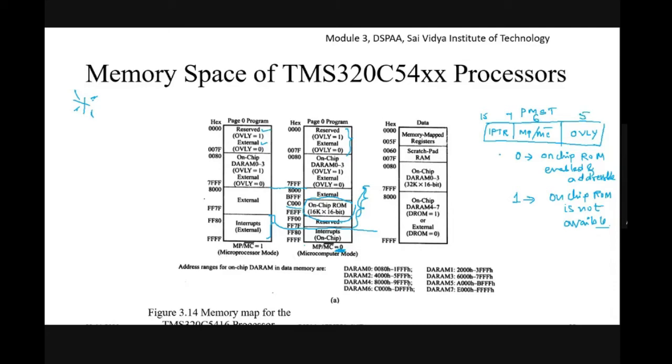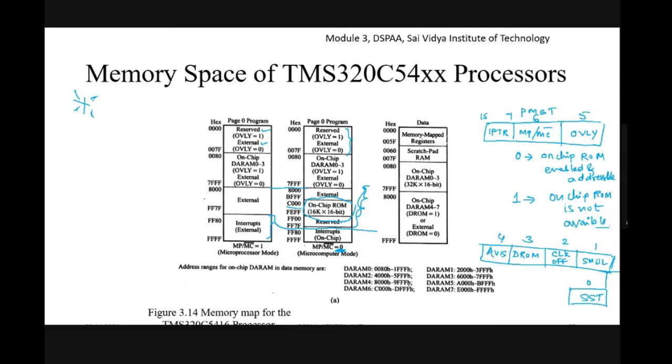Overlay is the fifth bit, and after the overlay we also had some other bits: the address visibility bit, AVIS, the dual access ROM bit, DROM, the clock off bit, CLKOFF, the saturation on multiplication bit, and the last bit that we have was saturation on store. So this is 0, this is 1, this is 2, this is 3, and this is 4.